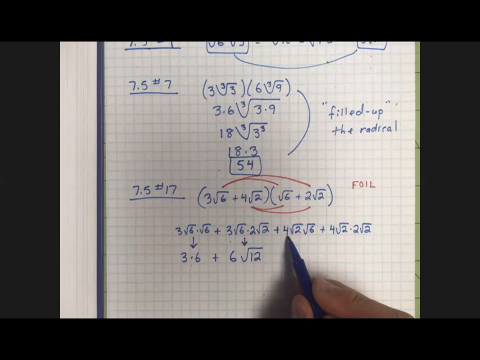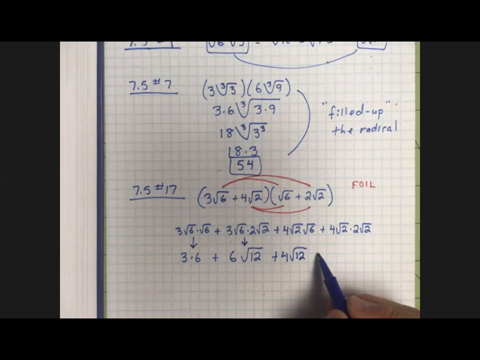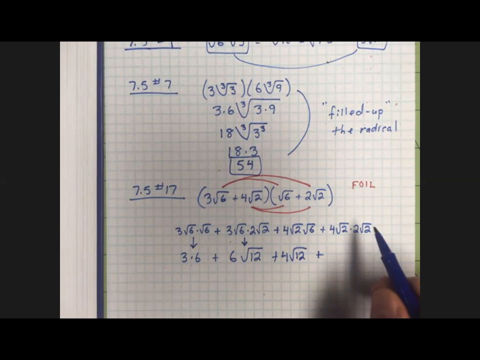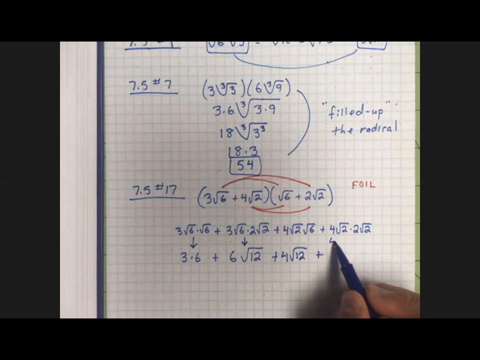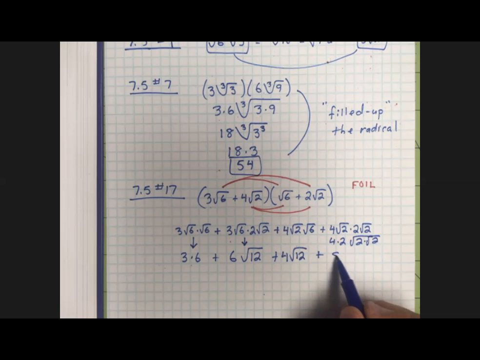Here you got 4 times the square root of 12. And here you have 4 times 2 on the outside, and the square root of 2 times the square root of 2 on the inside. That's 8 times 2. Square root of 2 times square root of 2 is 2.